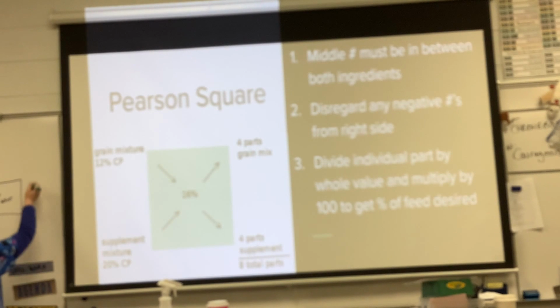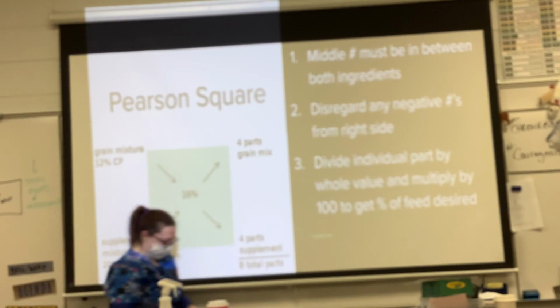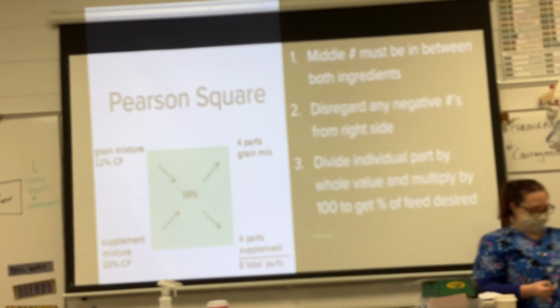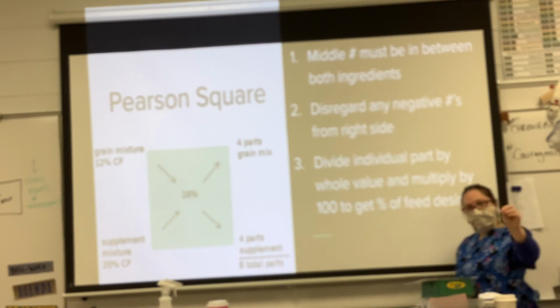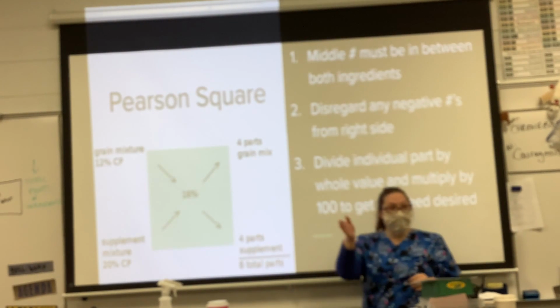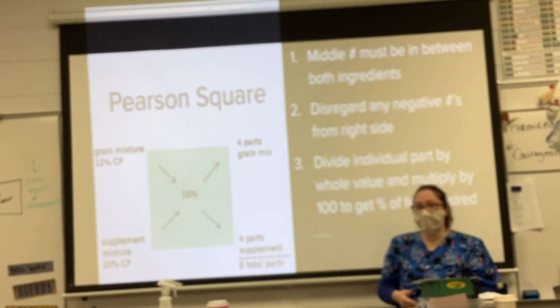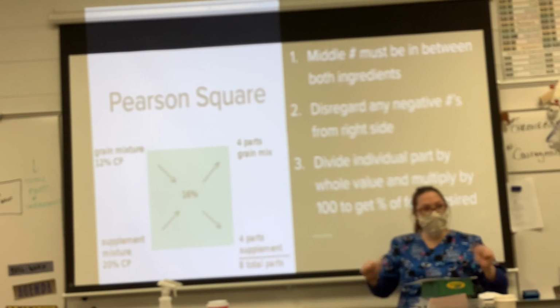I'm then going to pop out what's going to give me my total parts. So that's what that square is going to help me do. Left-hand side is what I've got. Middle is what I want. Right-hand side are the total parts to get me there. Up, down, sideways? Okay. Cool.